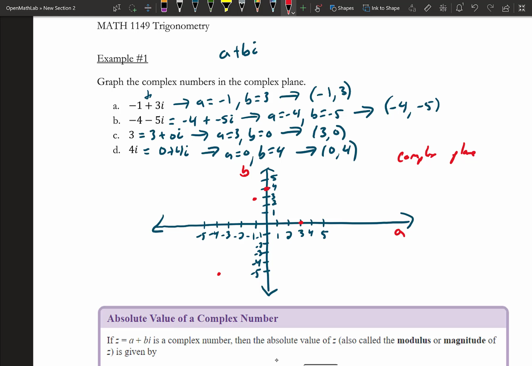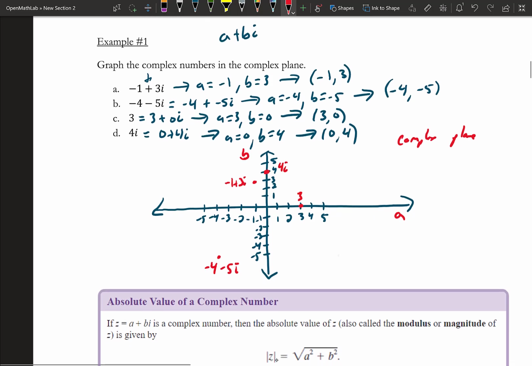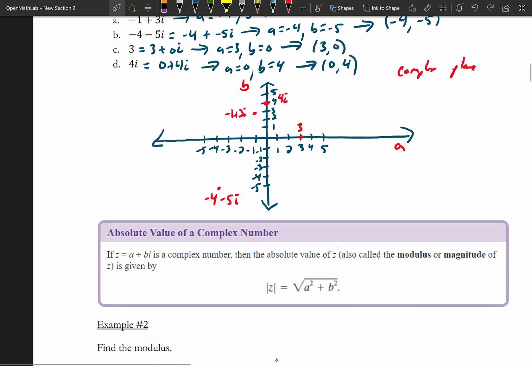So this point is -1 plus 3i. The point 0 comma 4 was 4i, and this one was 3. And lastly, this one was -4 minus 5i. So that's where all of those complex numbers would be graphed on the complex plane.